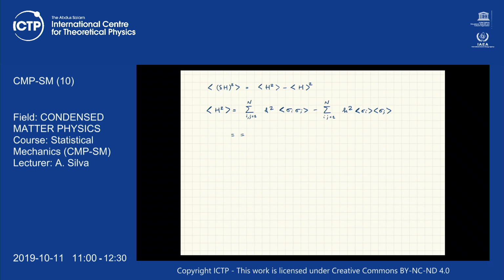Now this is equal to sum over i and j from 1 to n of h squared times the average of sigma i sigma j minus the average of sigma i times the average of sigma j. This object here is called a connected correlation function. That's the name it has in physics. Correlation function.